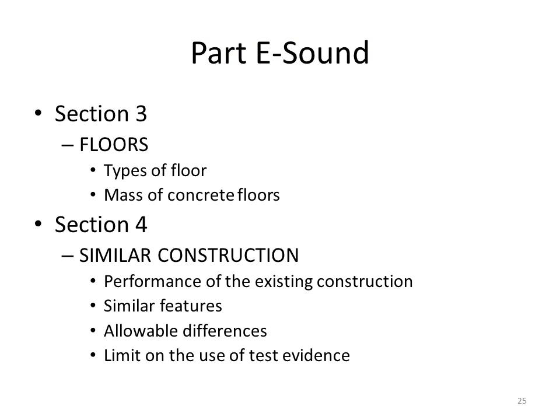Section 3 covers floors. This includes types of floor, mass of concrete floors. Section 4, similar construction. We're talking about performance of the existing construction, similar features, allowable differences, and limits on the use of test evidence.